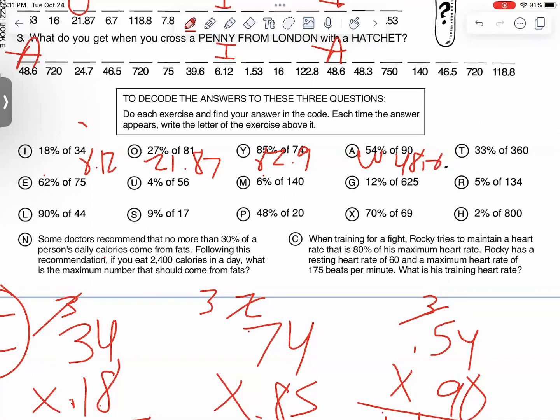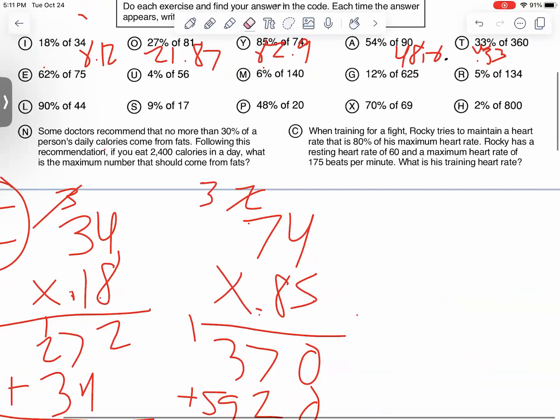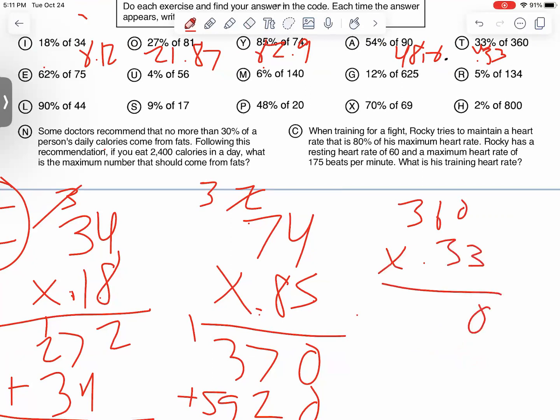T has 33%, 0.33 times 360. All right, 0.33 times 360. So 360 times 0.33. All right, 0, we have 18. We have 9, we have 10.